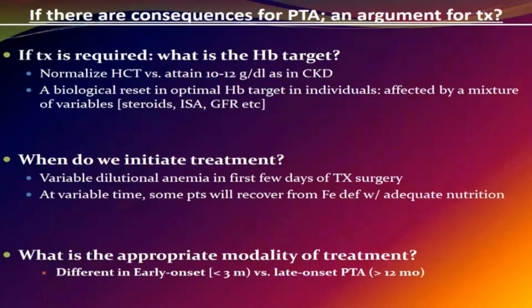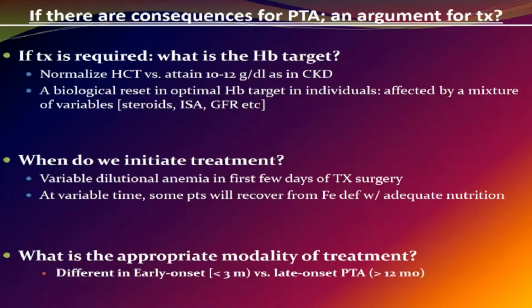There seems to be a biological reset in optimal hemoglobin target in individuals after post-transplant anemia. And this reset seems to be affected by a mixture of variables, such as the use of steroids, immunosuppressive agents, and delayed graft function.